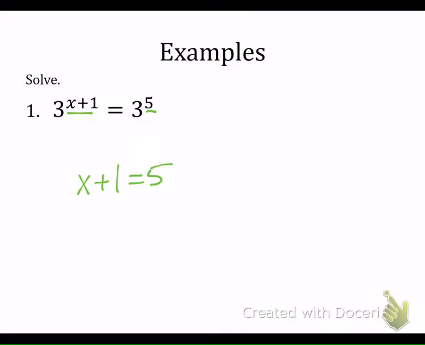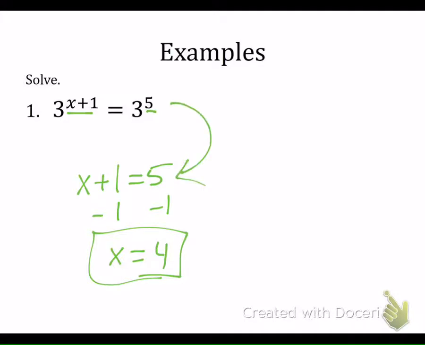Once the bases are the same, you just set the exponents equal, and that's how you get an equation. And yes, you are all correct. It is 4. I am more concerned that you understand from here to here. Does everyone see what I did there? The bases were already the same, so I just made their exponents the same. What are your questions?